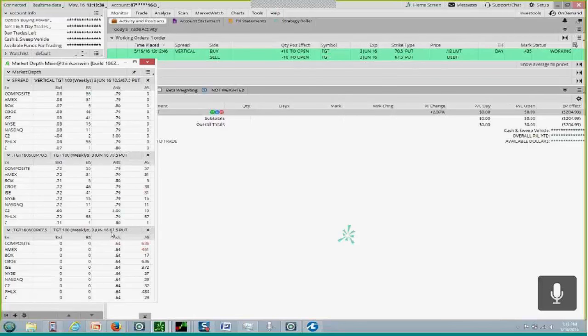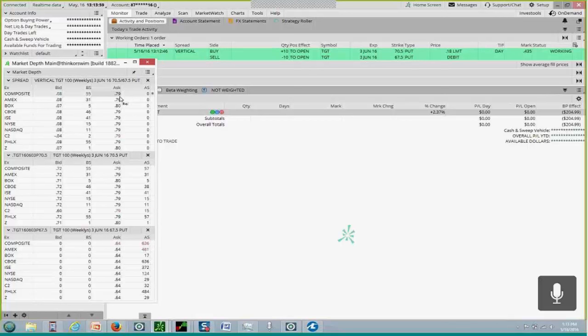This is the June 67.50 and the 70.50. And it's also got the combined, notice that you've got a bid and an ask on this vertical between 8 cents and 80 cents.